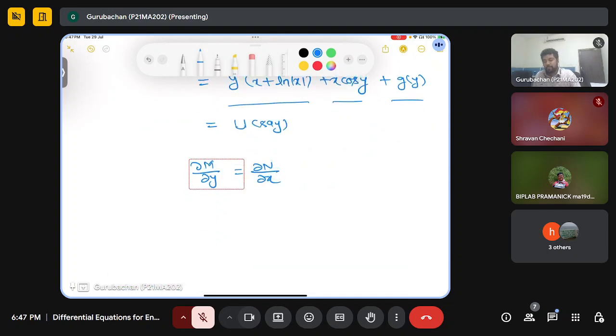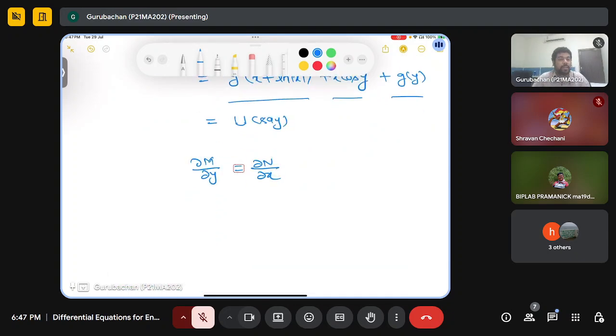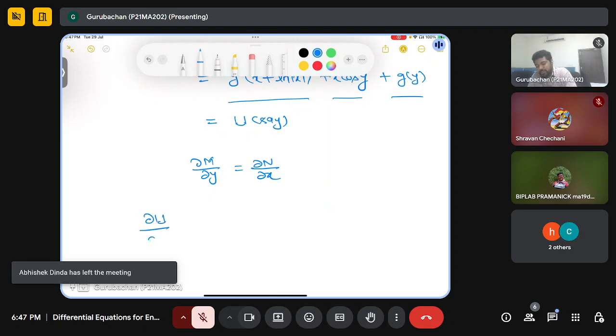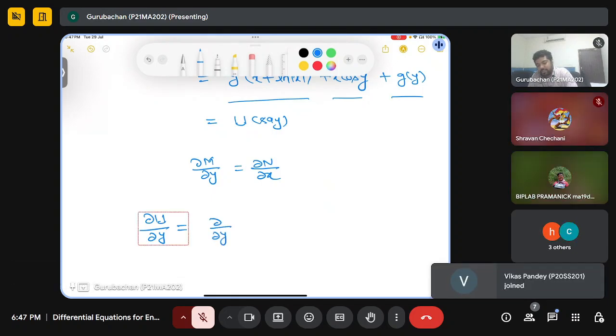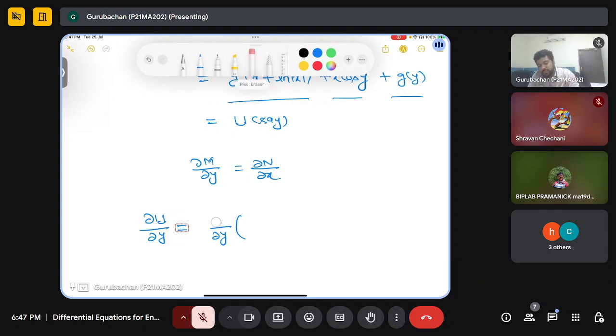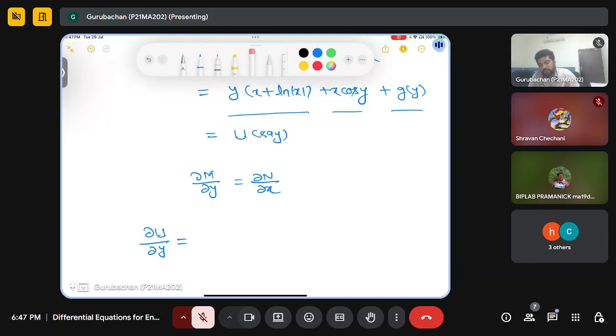So if you calculate this u, what will be ∂u/∂y? Observe that from here it is ∂/∂y of the integral of M dx. So calculate ∂u/∂y first, then you will get to know.